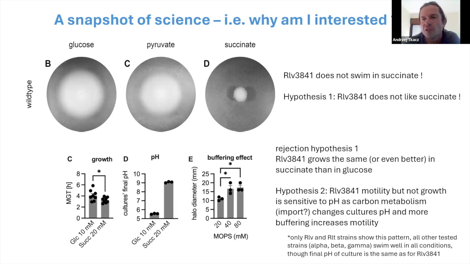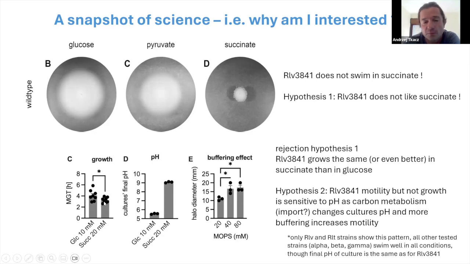Scientists will say, okay, maybe this strain just doesn't like succinate. However, we do know it likes succinate. If you follow my cursor, unfortunately, I couldn't change it from white to anything else. If you look at the mean generation time, basically how it grows in liquid culture, it grows absolutely fine in glucose. It grows fine in succinate.